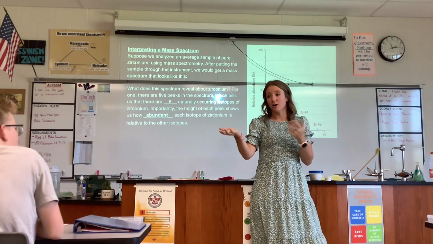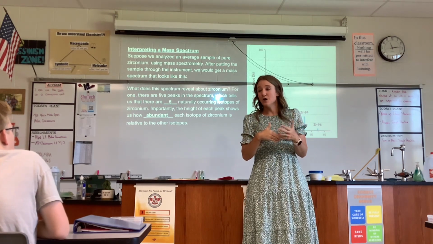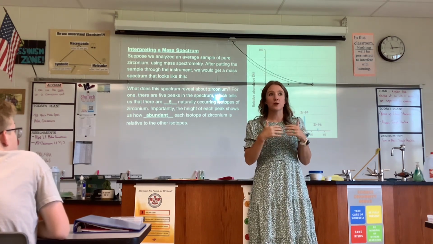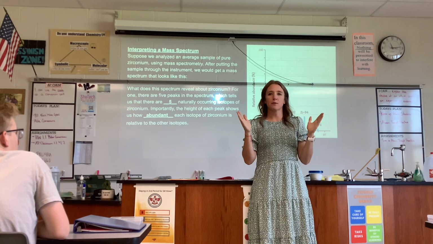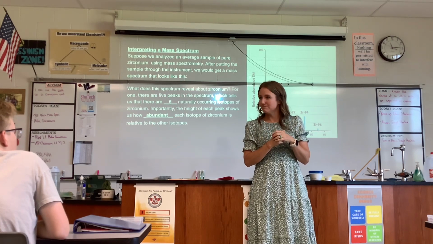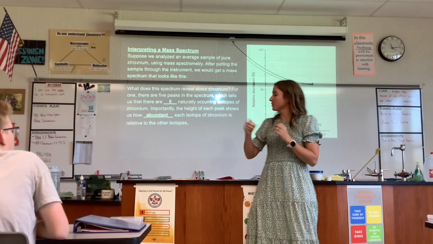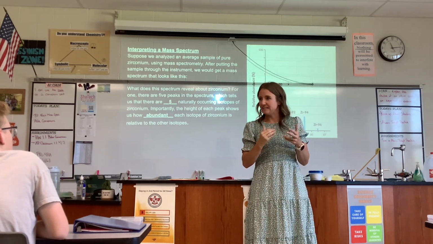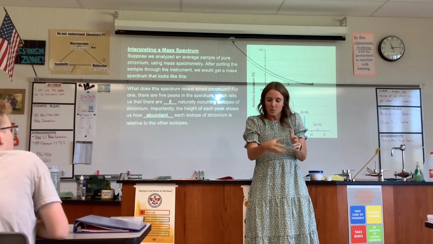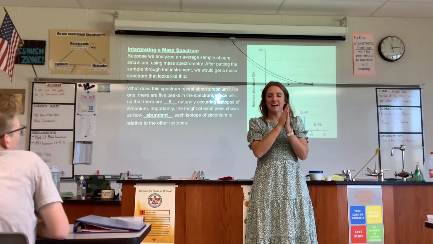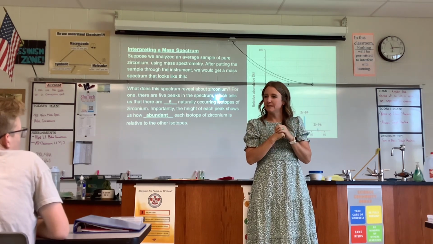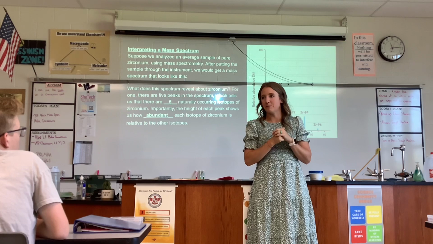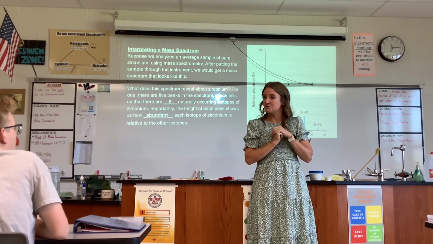There's a law called the law of definite proportions, where scientists have found that no matter where you gather a sample from, the proportion of the isotopes is always the same. So no matter what, your graph for carbon would look the same regardless of where you gathered it, which is crazy. Even if you get a big scoop or a little scoop, it's always going to have the same distribution every time. At least every time they've tested it, it's never been found to be false. So yeah, kind of interesting.